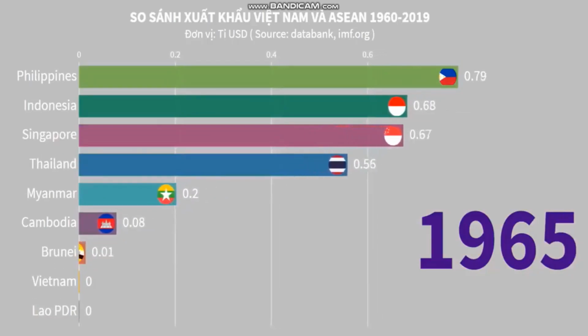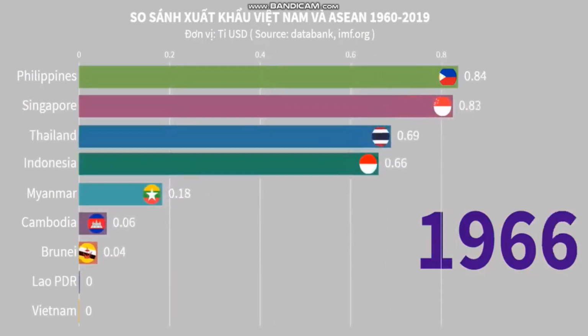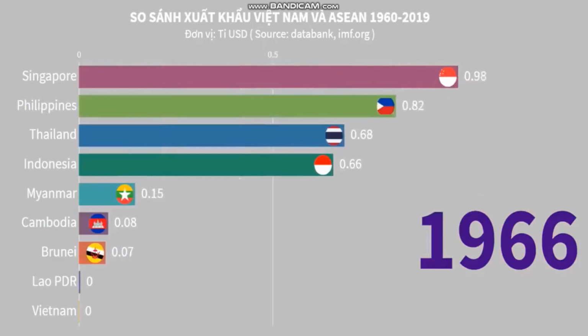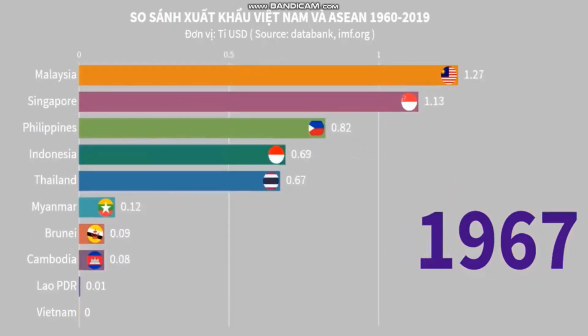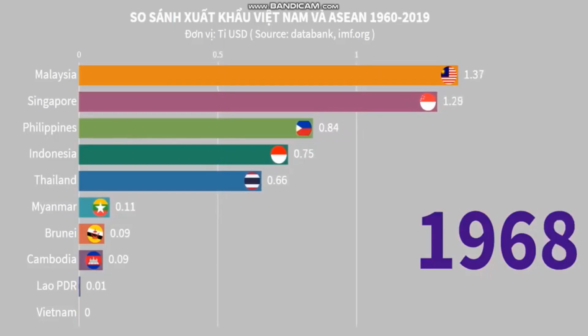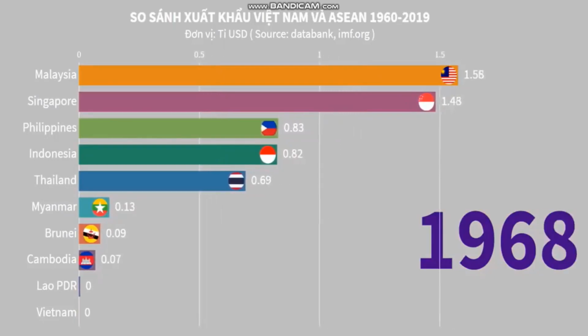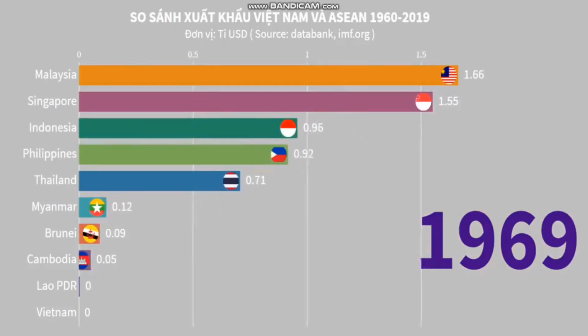So at first, the Philippines is in first place in the 1950s, and Vietnam is at the bottom compared to other countries in Asia.